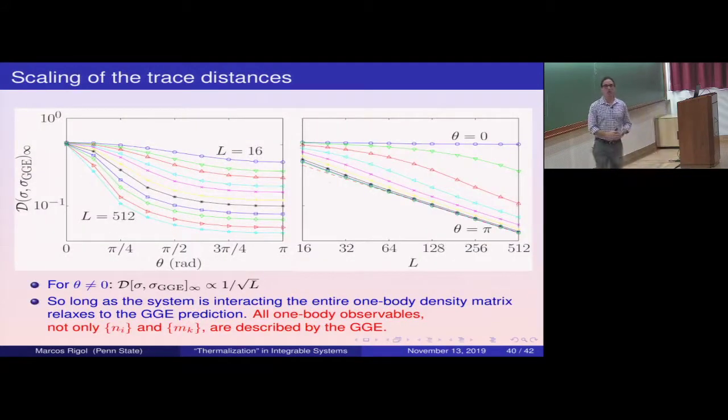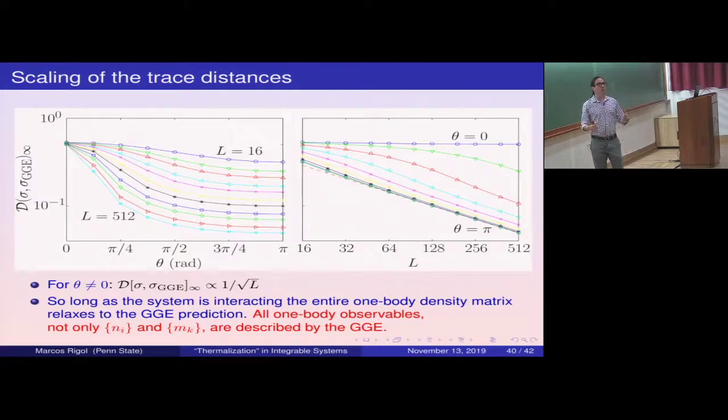Okay? But that's why, because I get asked often, local versus few body, right? So the one body density matrix is non-local, right? It lives in the entire system, but it's few body. And what I'm showing you here is that there is this few body observable that equilibrates to the GGE. And the same will happen when you have a non-integrable system, that it will thermalize.